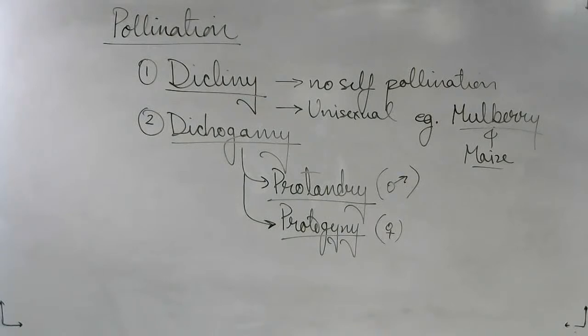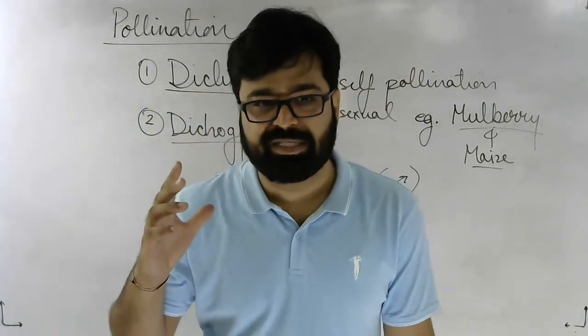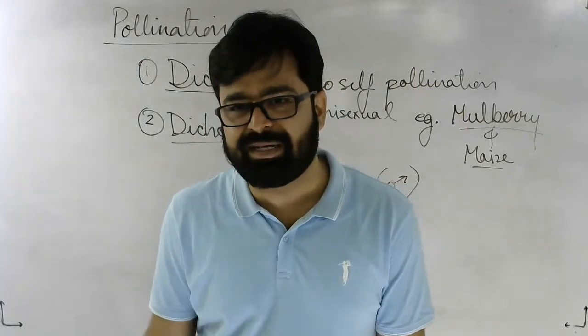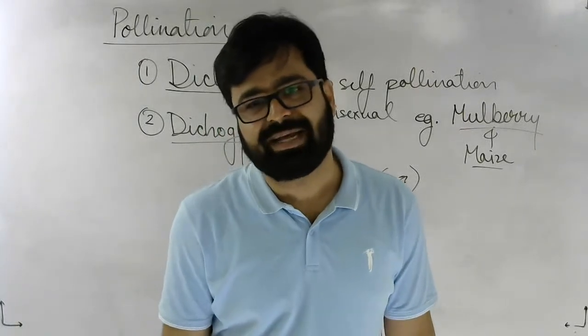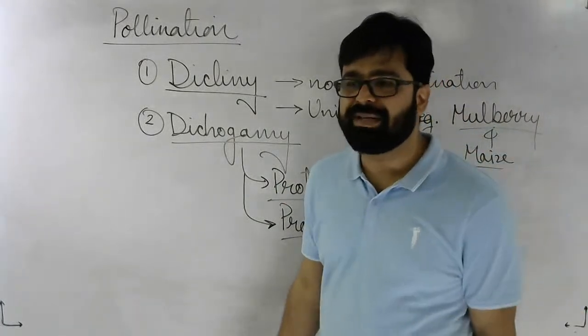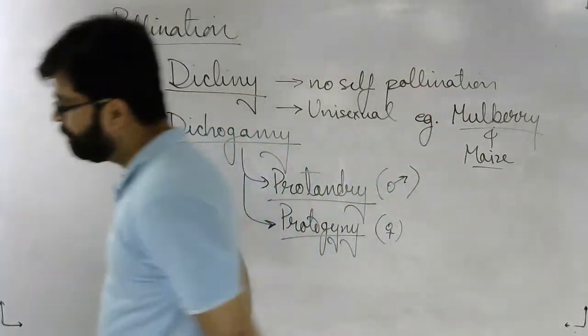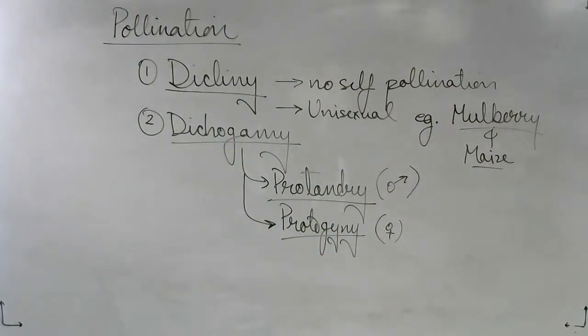Okay, and the example of protogyny is found in your plantago and 4 o'clock plant. जेनेटिक्स में आपने इसके बारे में पढ़ा था, रेड, व्हाइट एंड पिंक फ्लावर. Yes, that is Mirabilis jalapa. Okay, the 4 o'clock plant. Yes. Okay, so that was the second term, that is dichogamy.